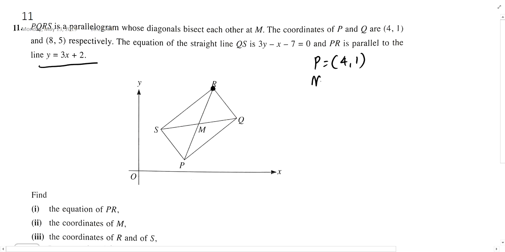I have the coordinates of M. How much is the coordinates for M? 5, 4. I have the equation of PR. What is the equation? y equals 3x minus 11, was it? Yes.